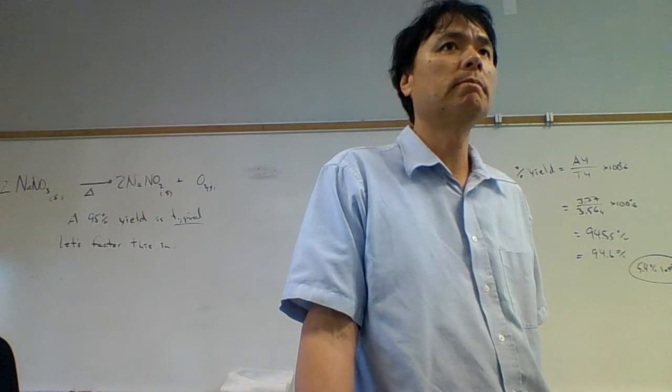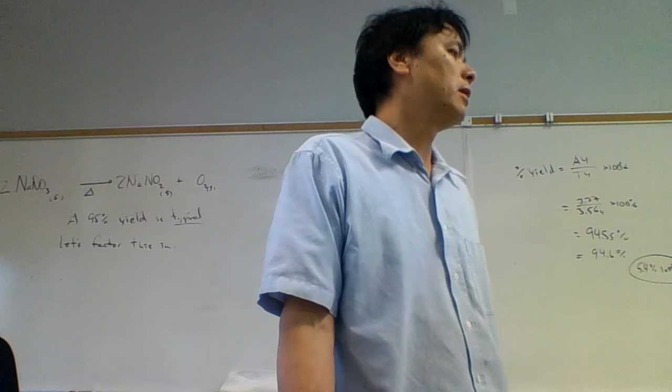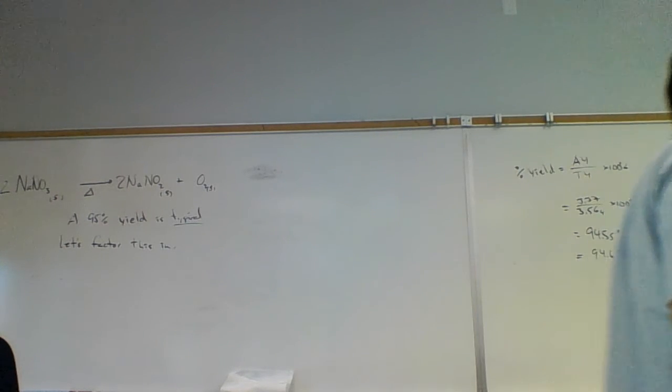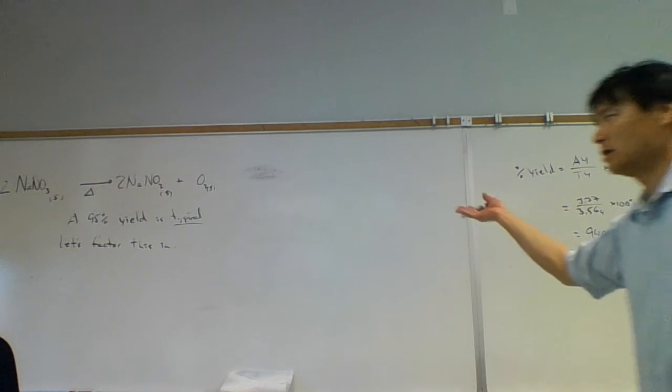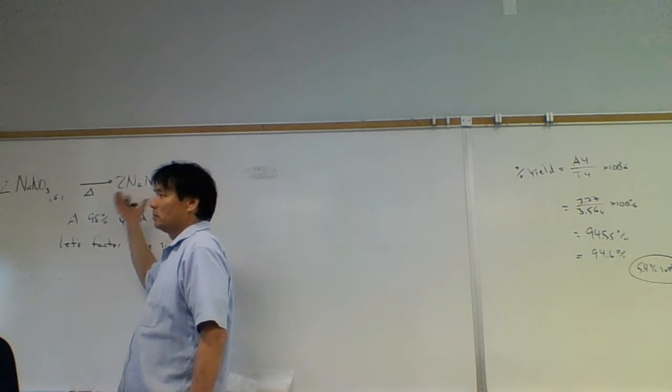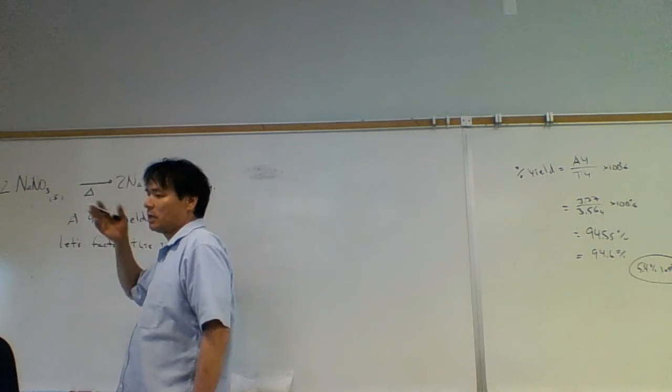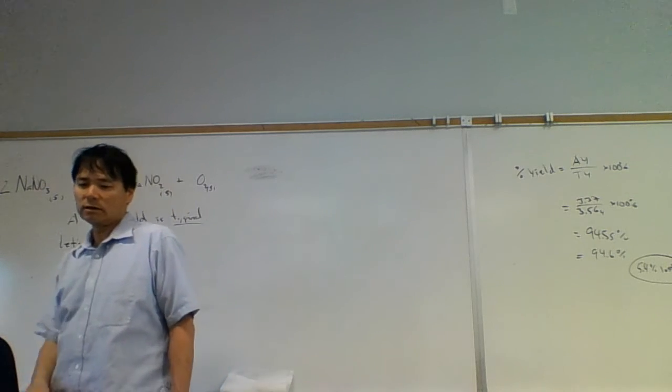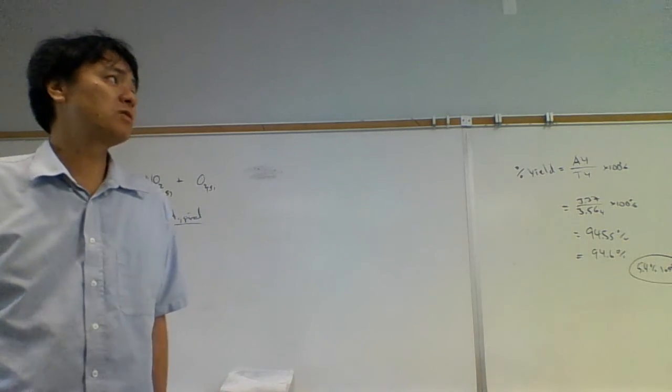Another way of doing it is to factor in the loss. If I'm planning to bake 100 cookies, how much do I expect to have at the end? If I plan to make this much, and I have a 95% yield, then let's factor that in and see how much we can expect.